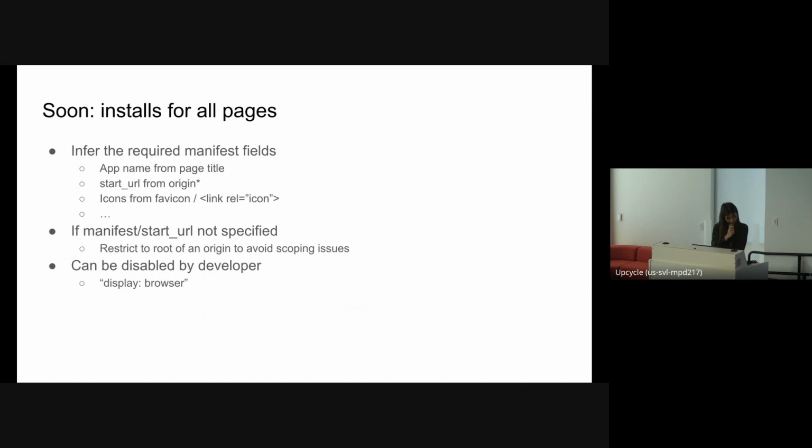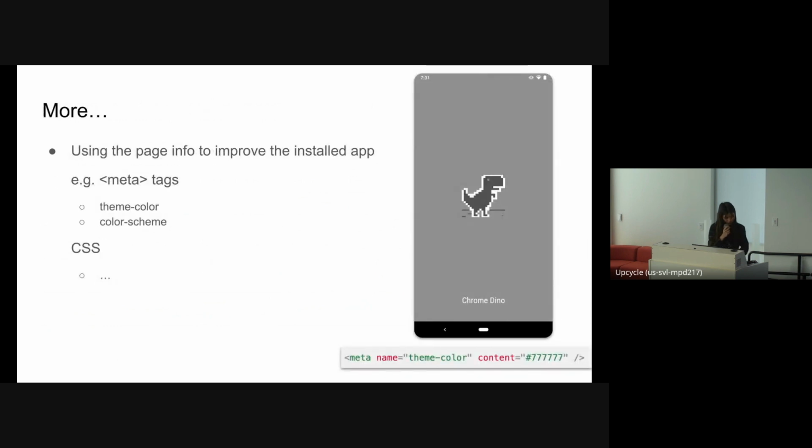In addition to the basic information we absolutely need to install, we are also looking into using the page info and other web features to improve the installed PWA experience. For example, we can use the meta tags for the theme color.